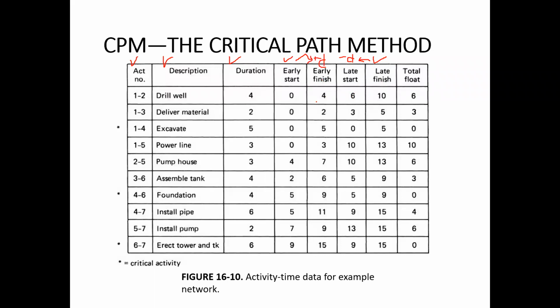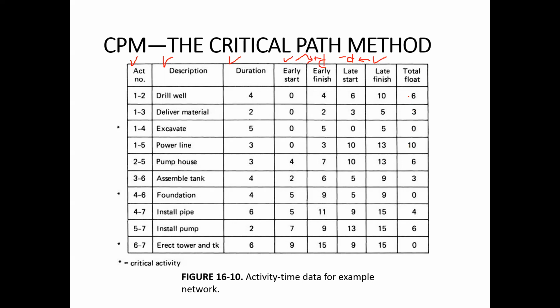So 6 minus 0 is 6. 10 minus 4 is 6. Here it will be 3, because late start 3 minus 0 is 3. 5 minus 2 is 3. So you can either use the LS minus ES formula or the LF minus EF formula to calculate the total float. So then what is the total float?